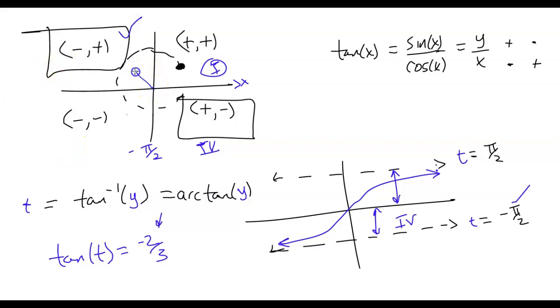So our angle here, the terminal side of our angle, is actually going to be in quadrant 2. And what you're going to see here, this angle is representing that time. Okay.